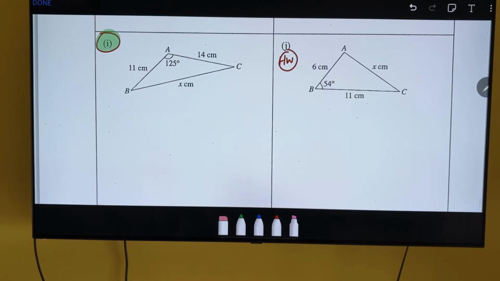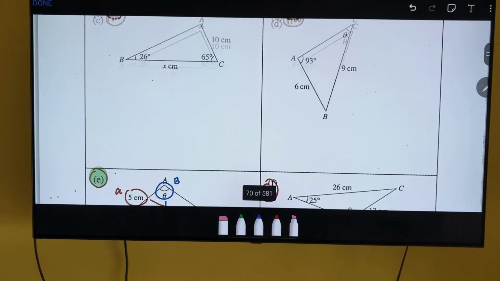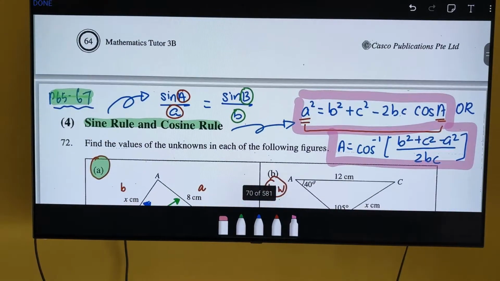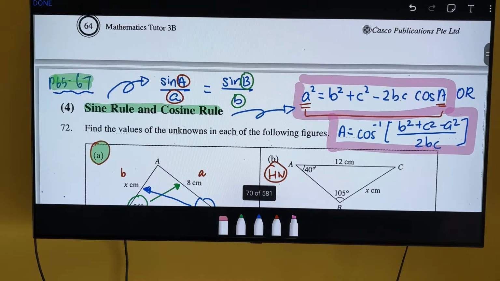What is cosine rule? So allow me to turn back to the top of the page on page 65. We have cosine rule being a squared equals to b squared plus c squared minus 2bc cosine A. Uppercase A and lowercase a refers to the corresponding angle and side that we would have marked out just now.